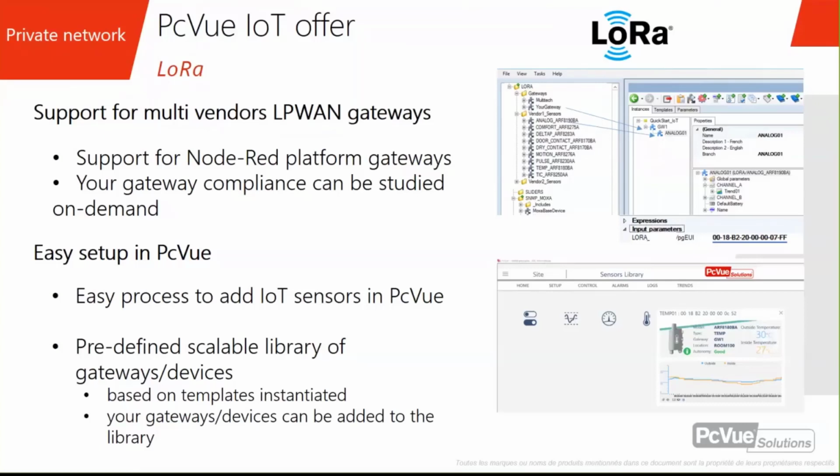And then we developed, as you can see here on the right, a library of objects to help build the project with the Application Architect, which is the modeling tool in PcVue to create a project based on templates. We developed a library that you can use to instantiate your gateway and your devices, and then create your project in a few clicks.